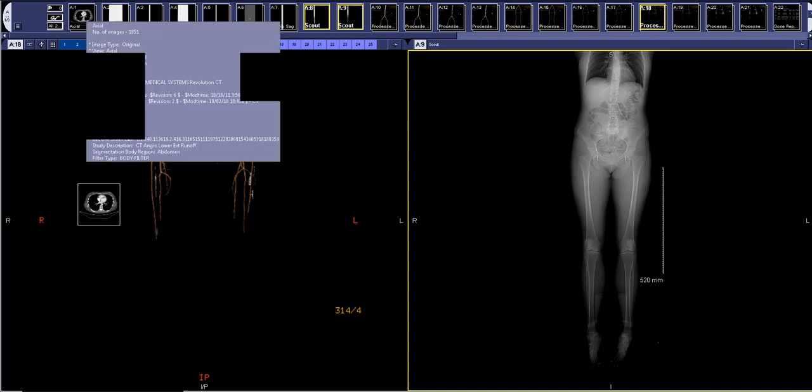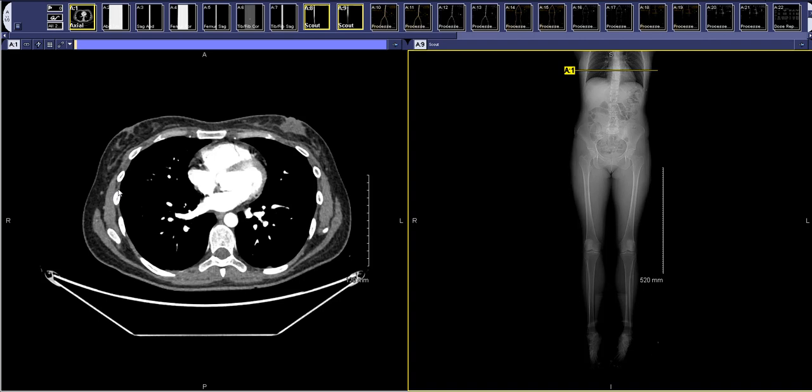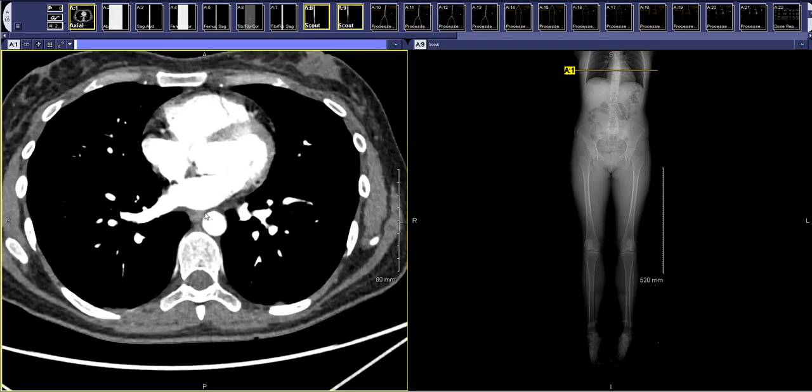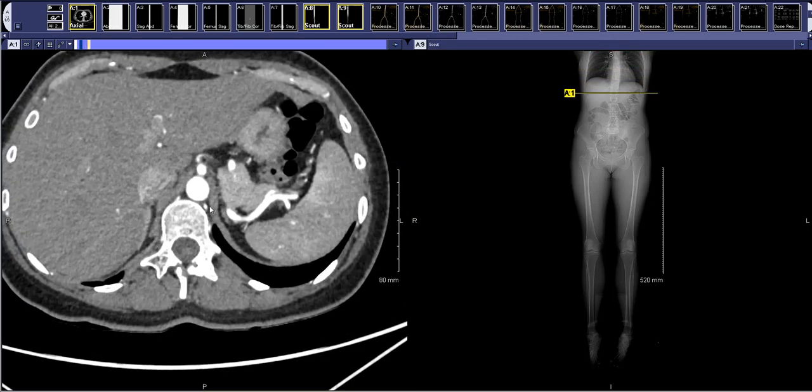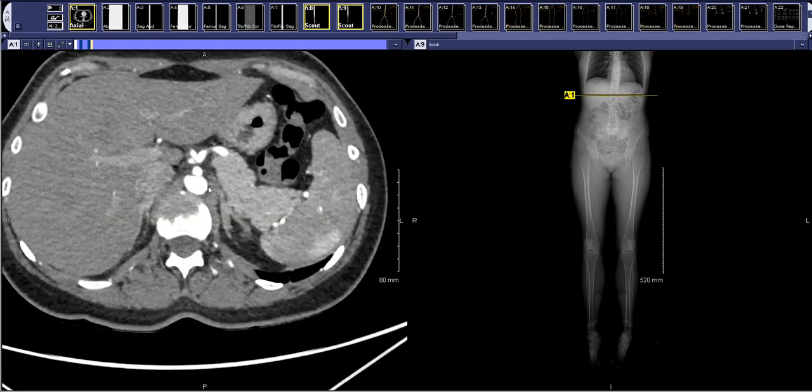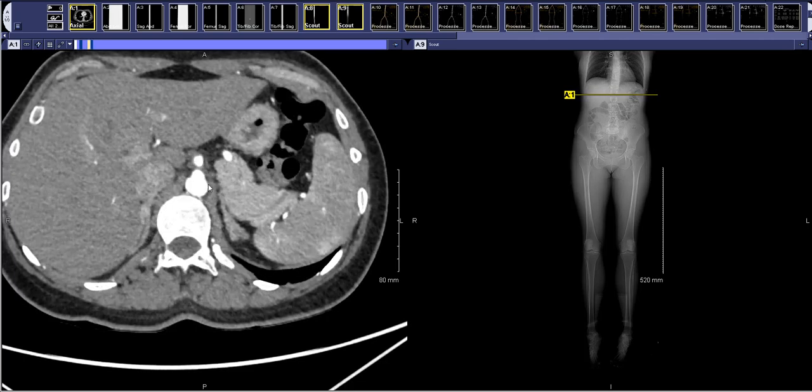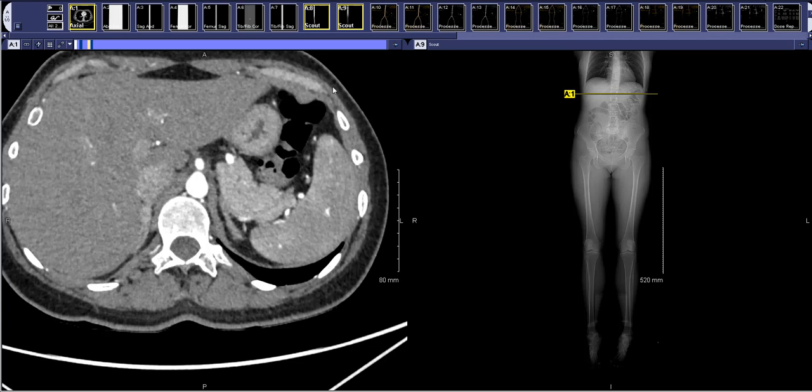So these are typically single-phase studies that are obtained utilizing a smart prep based off of the abdominal aorta. And to read a runoff, I always start with the vasculature before reading all the incidental findings. So you start with the abdominal aorta as it enters past the diaphragmatic hiatus, and always comment on the celiac axis and superior mesenteric artery.